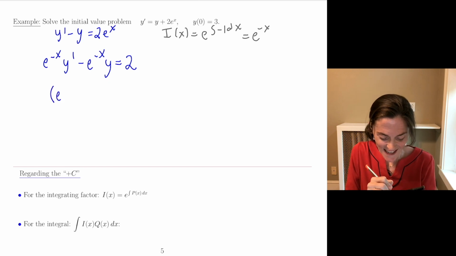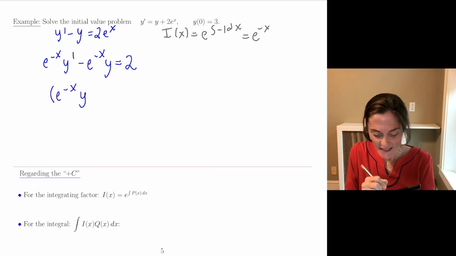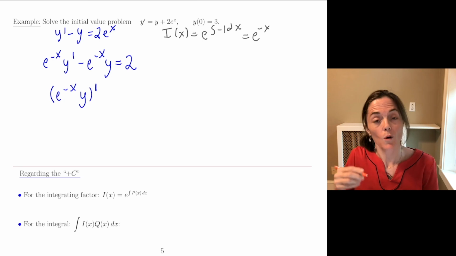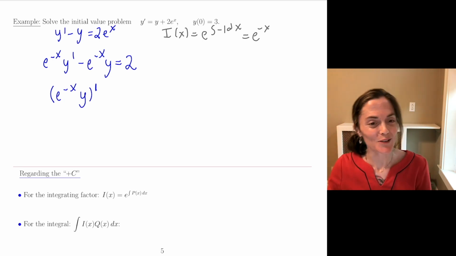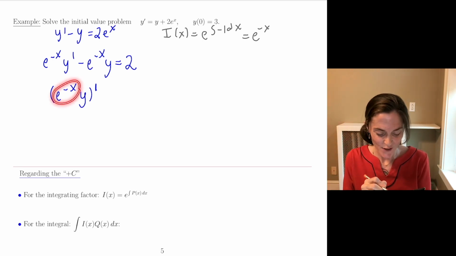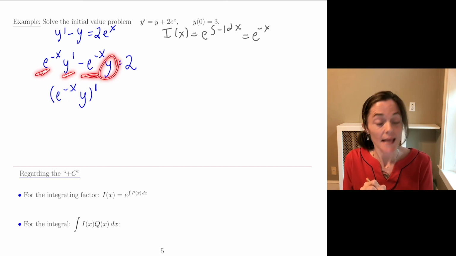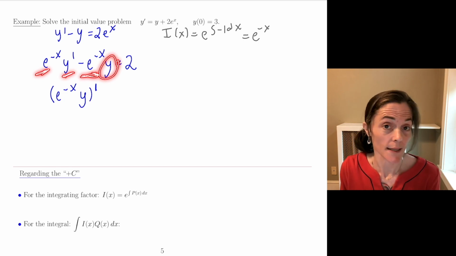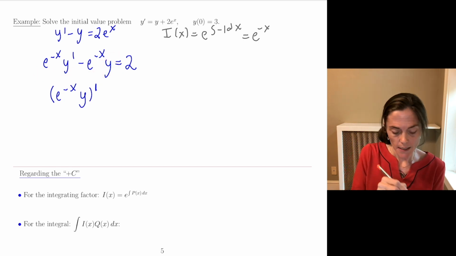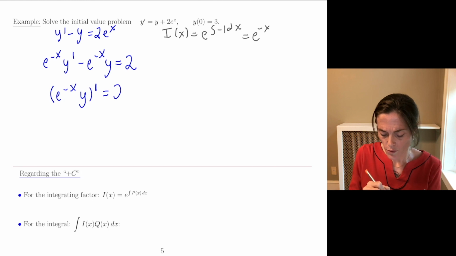The left-hand side, e to the minus x y, quantity prime, product rule, and you can check: first, derivative of the second, plus the second, that's the derivative of the first using the chain rule. And then this equals 2.